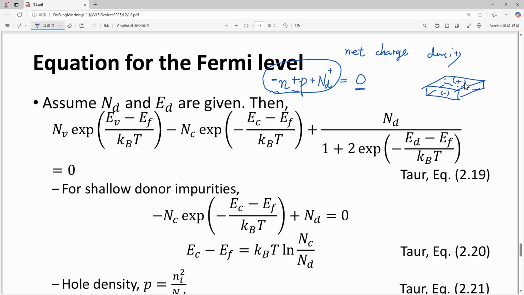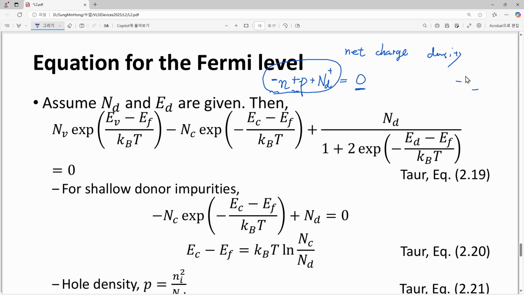Let's say that we have a small piece of silicon there, and we are far away from that silicon, but we still feel the electric field generated by this small doped silicon. That is not possible. Actually, we have to have neutrality, because otherwise we have quite a strange behavior.